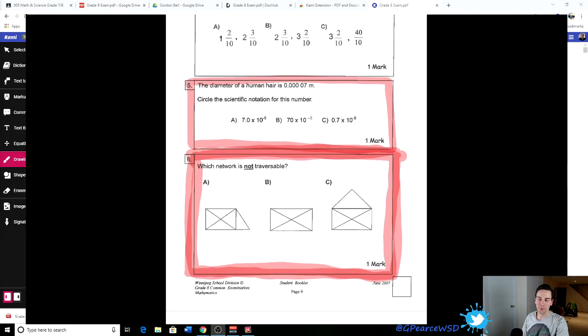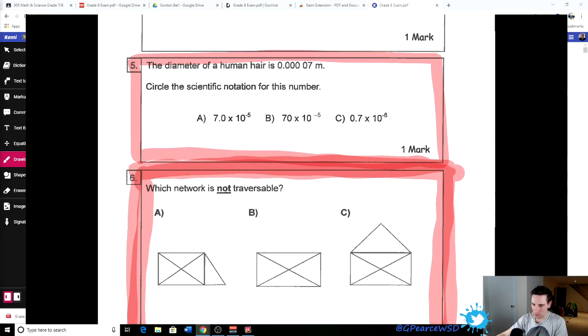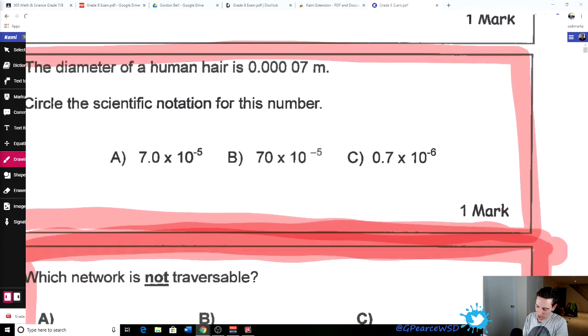Both of them are right here. This tessellation, I haven't even reviewed, so I'm not sure what they're talking about when they say traversable. And then the scientific notation. We just touched upon that a tiny bit with the negative exponents. Haven't done too much of that yet.